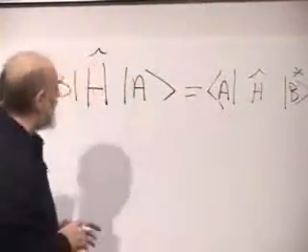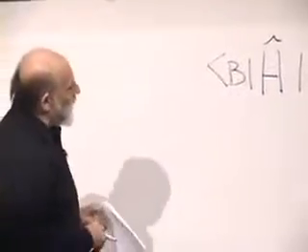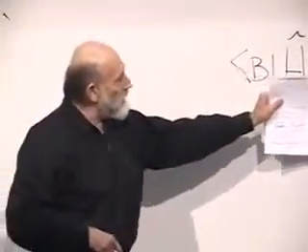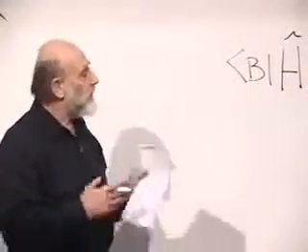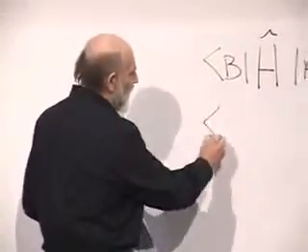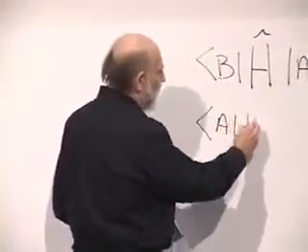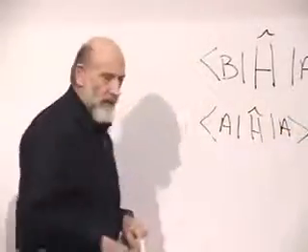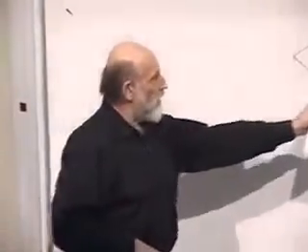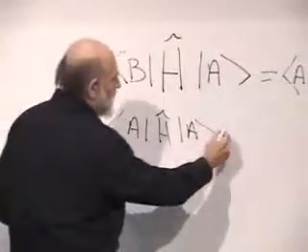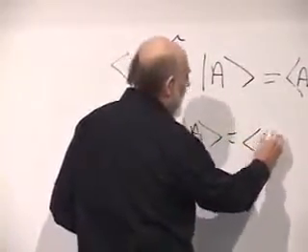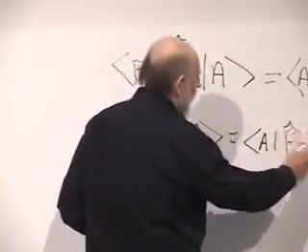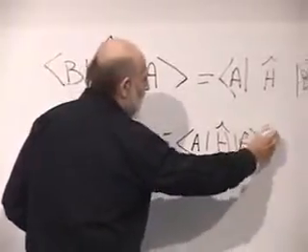Let me give you another example. Supposing we sandwich a Hermitian operator not between two different vectors, but between the same vector. In other words, take <A|H|A>, where A could be any vector whatever. Well, according to this equation, it's equal to <A|H|A> complex conjugate.